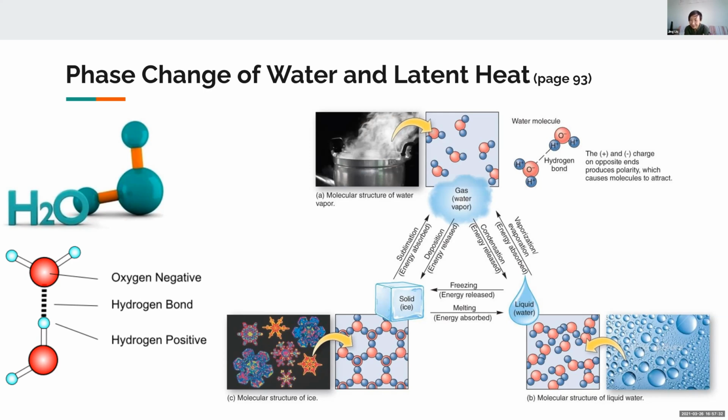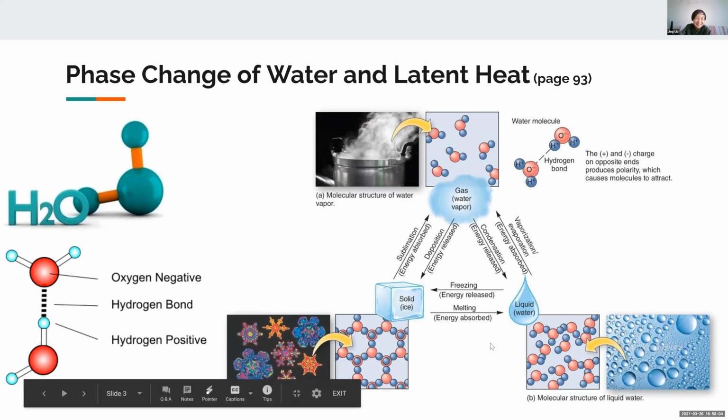When you evaporate water from water bodies, our lakes and oceans, they absorb heat from the ground. But when the vapor rises up into the atmosphere, it condenses into cloud, becomes liquid water, and releases the latent heat to the atmosphere. So that is a very important way to transfer the Earth's surface energy to the upper atmosphere. Very interesting and important.